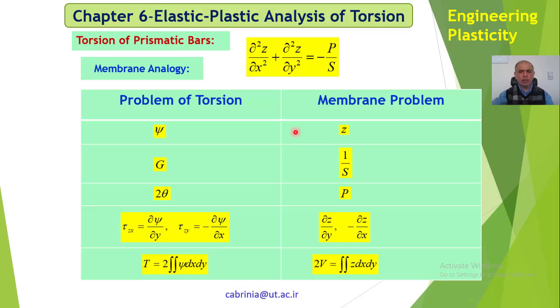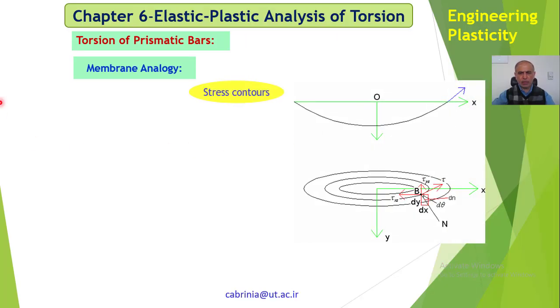They are not equal, remember, because these are different problems, and so they have different dimensions. They are different things, but they are equivalent. We can use this equivalency to solve a torsional problem because this is a simpler problem. Now, how do we do that?